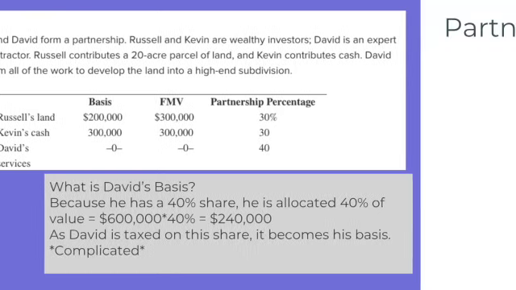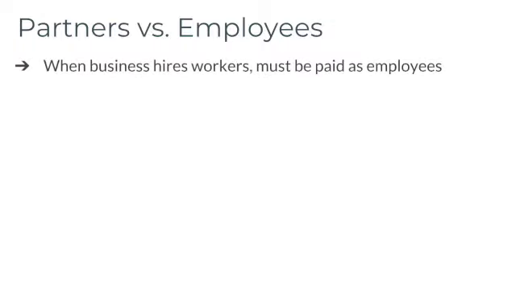And it gets more complicated. Try to keep it simple. The text does keep it pretty simple. So, yeah. Partners versus employees. When a business hires workers, if they're hired as an employee, they must be paid as an employee. If they're not an employee, then they get a 1099.